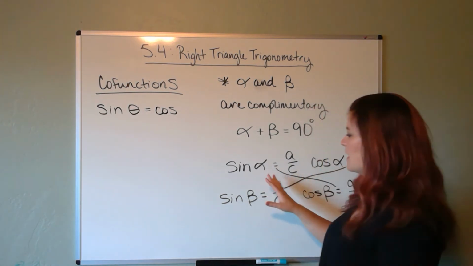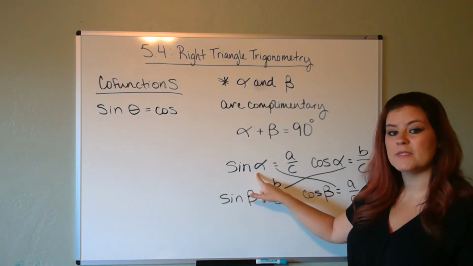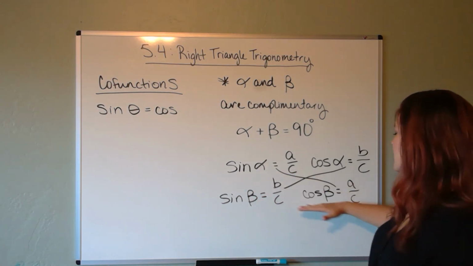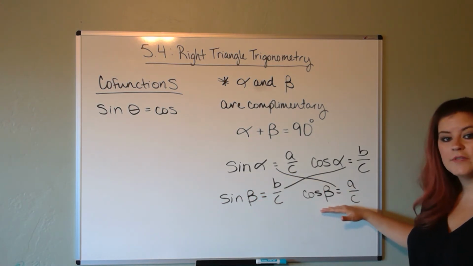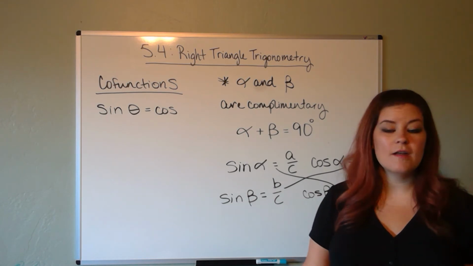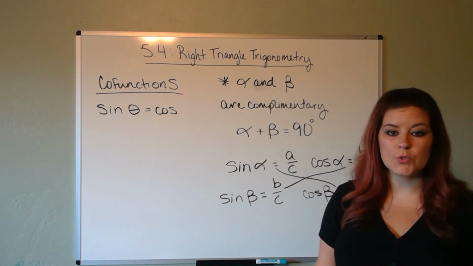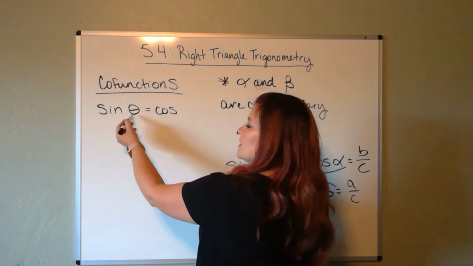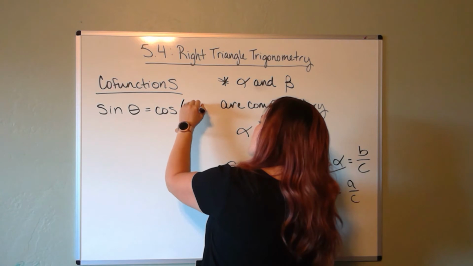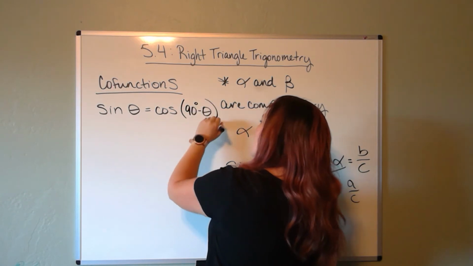Let's think about what we had here. Remember, alpha and beta are complements of each other. And I found that the sine of alpha was equal to the cosine of its complement. Again, it's not a coincidence. That is always true. So the sine of any angle theta would be equal to the cosine of its complement.